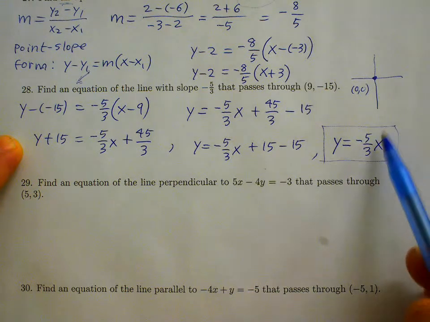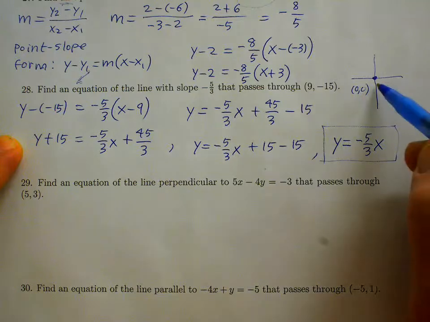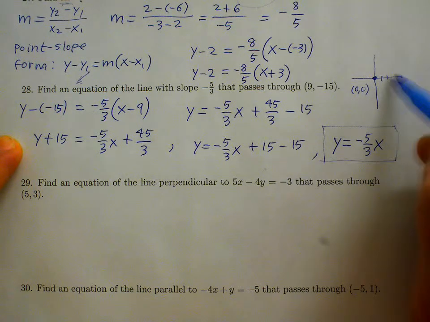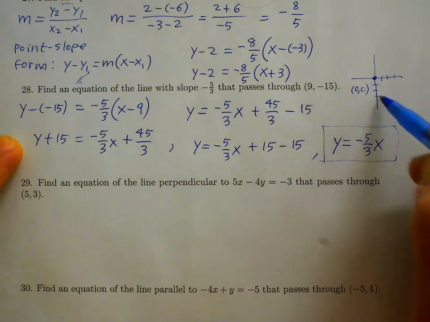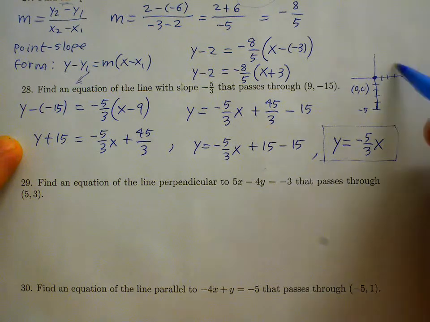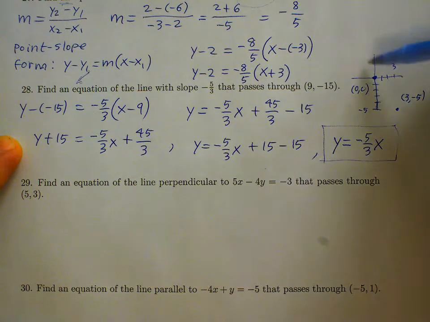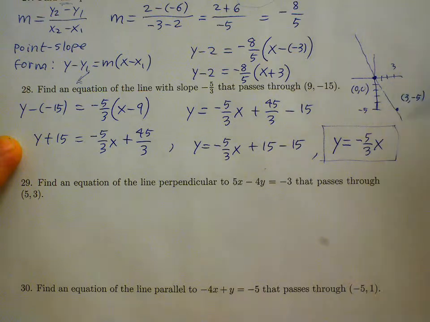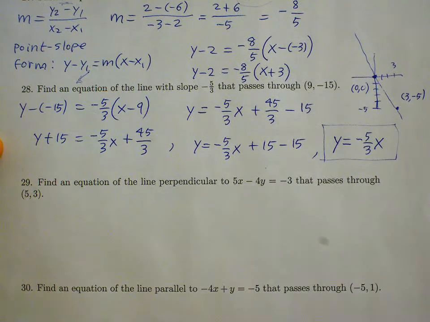And the slope is negative 5/3, so a rise of negative 5, moving down 5 units, and then to the right 3 units. So this ordered pair is 3, negative 5, and the line passes through those 2 points.